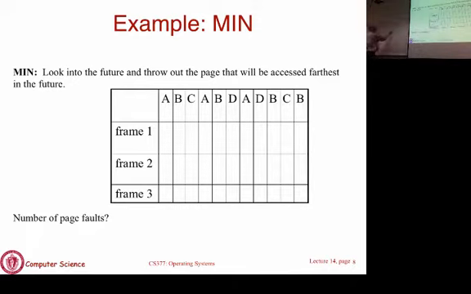So what you will have at this point is A, B, and D, because you looked into the future. Now the next access is A, it's still in memory. B still in memory, D still in memory, B still in memory. You could look in the future, so you know that's what the next page fault is going to be.